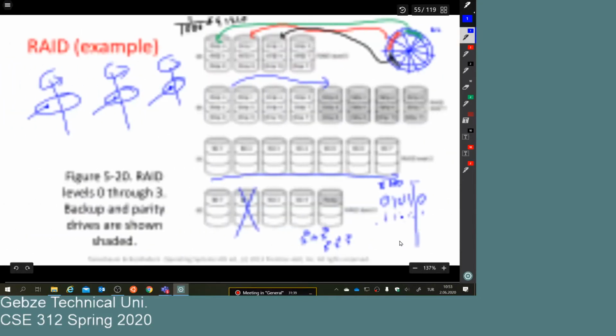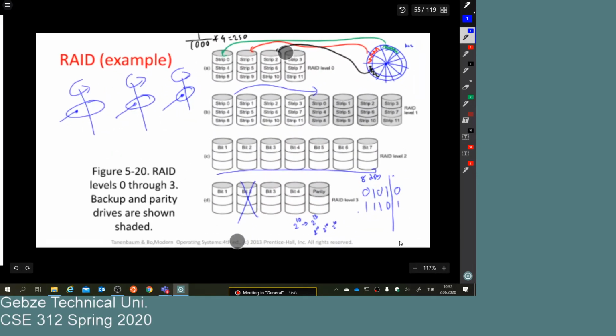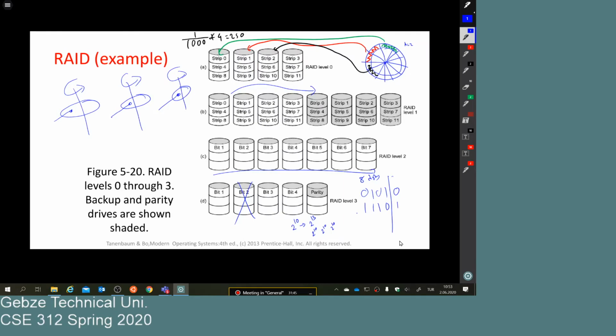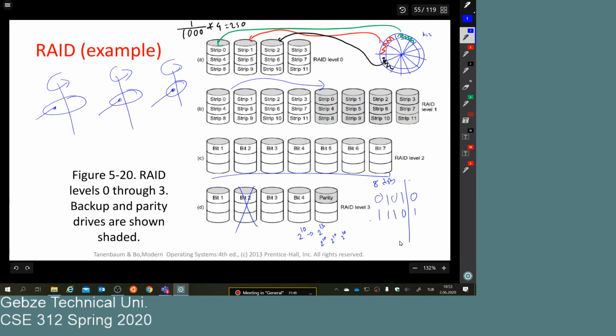So the reliability is not the difference. I can provide the same kind of reliability with the bit structure too. So think about how you would build such a system.